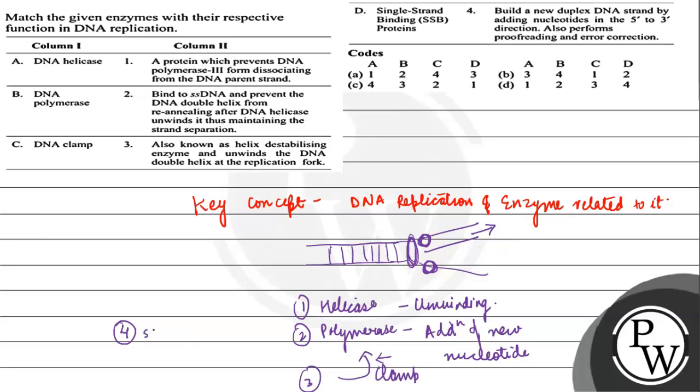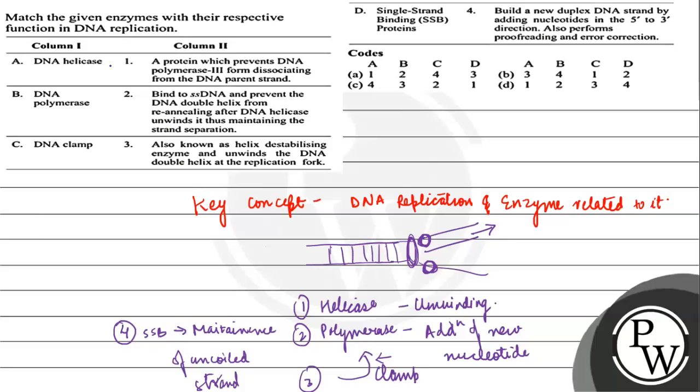So, SSB, which is single strand binding protein, helps in the maintenance of the uncoiled strand in the single form. So, these are the properties.